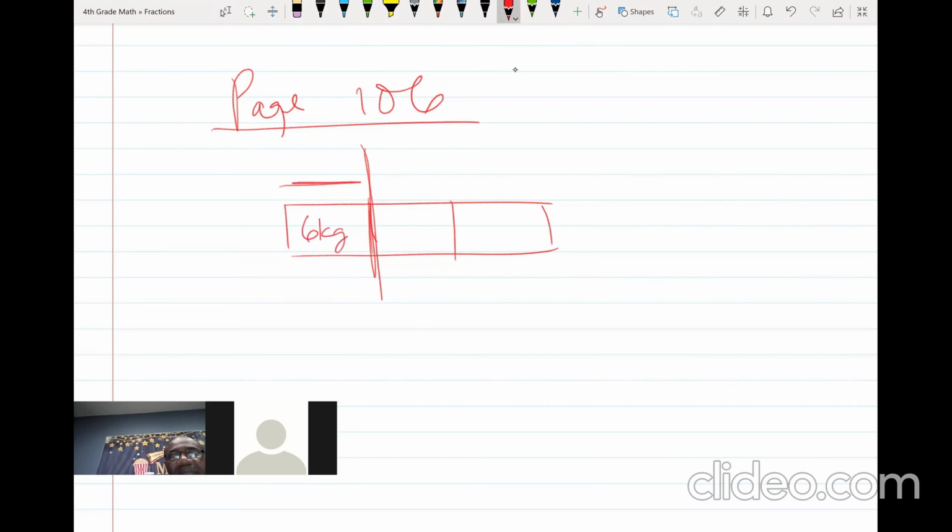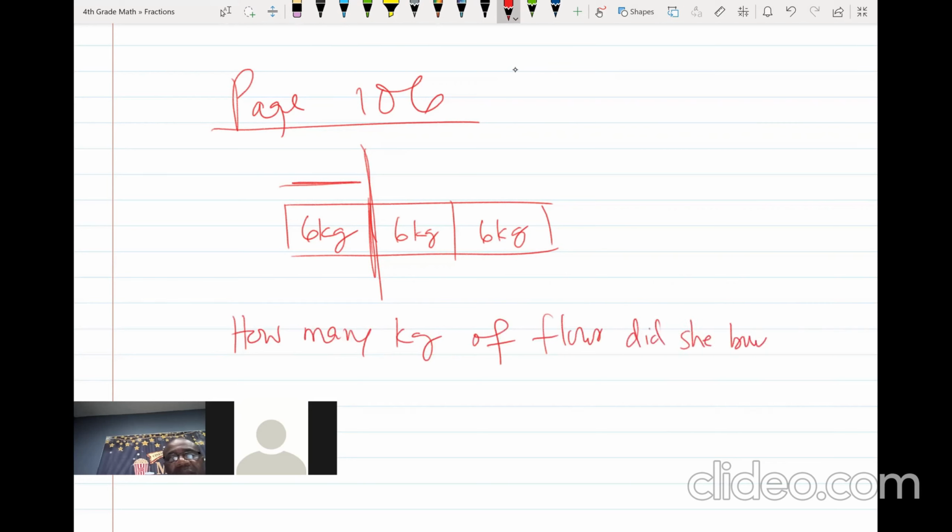All the other ones are 6 kilograms. How many kilograms of flour did she buy? 18. She bought 18 kg. Well, 6 times 3 equals 18 kilograms.